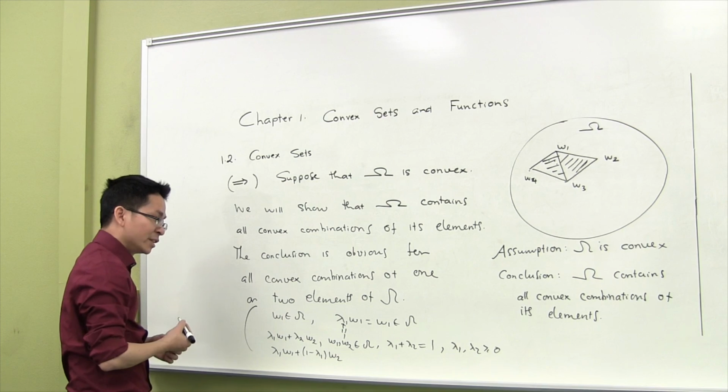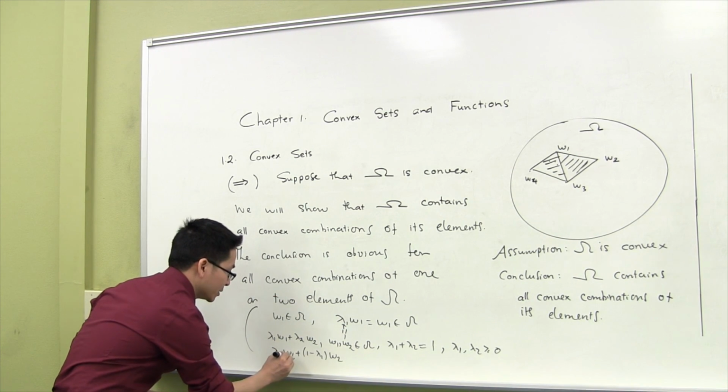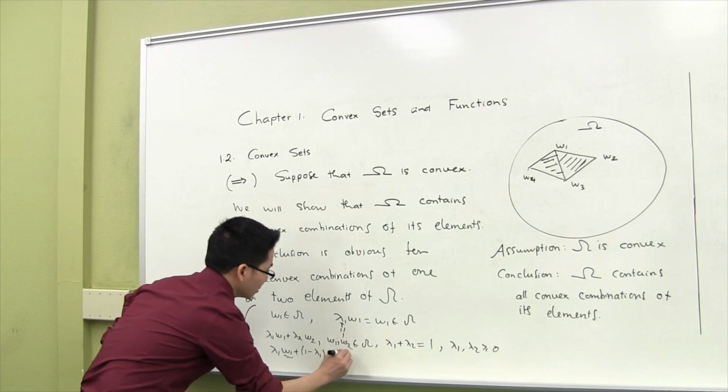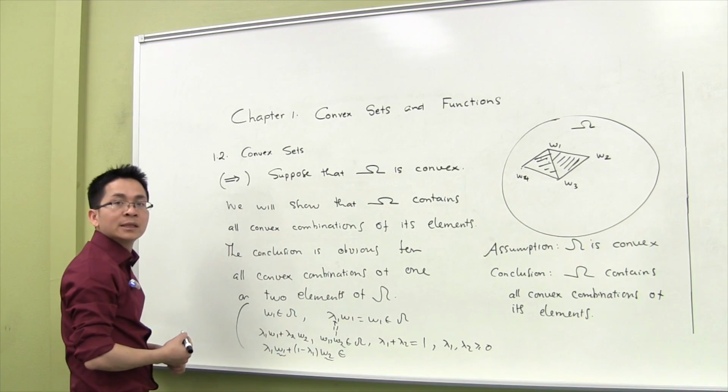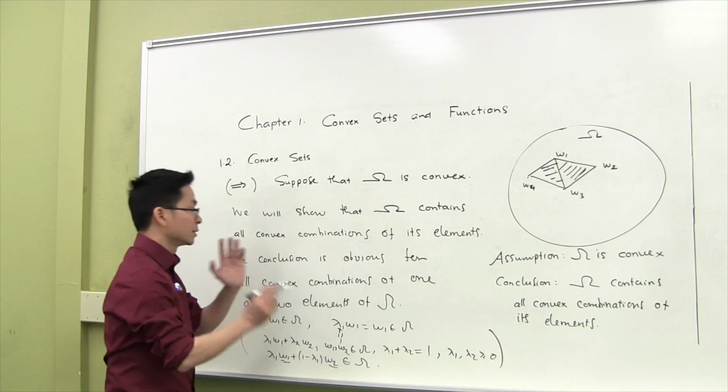And by the definition of convexity of omega, this is in omega, as we saw earlier. So this is obvious.